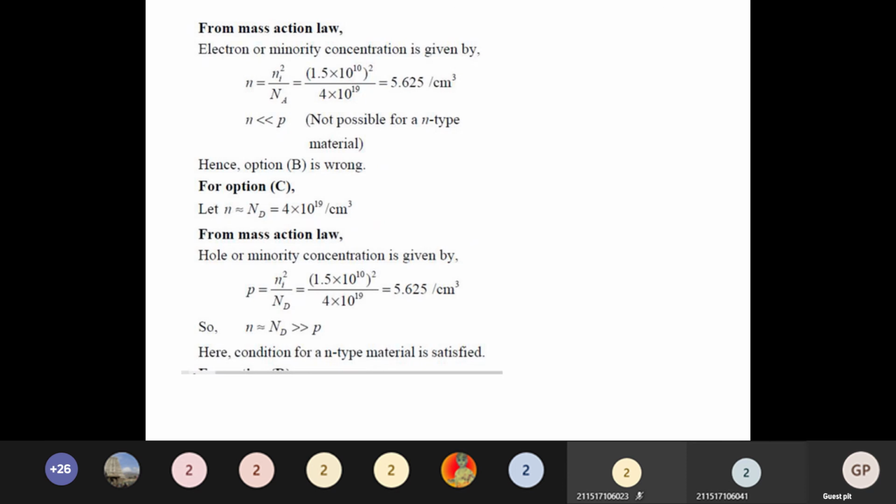So if the material is n-type, this answer is wrong, and B we cannot select. But in option C, if you substitute 4 into 10 to the power 19 in the mass action law formula, we get the correct answer: n is greater than p, than that of holes. So option C we can take.